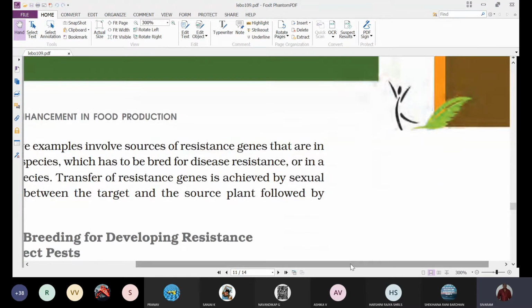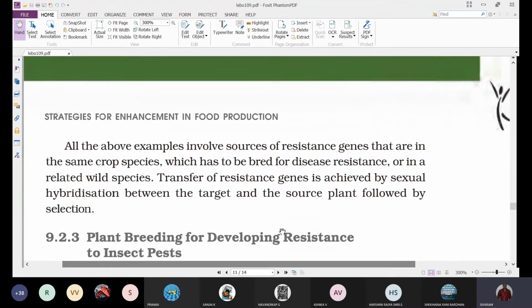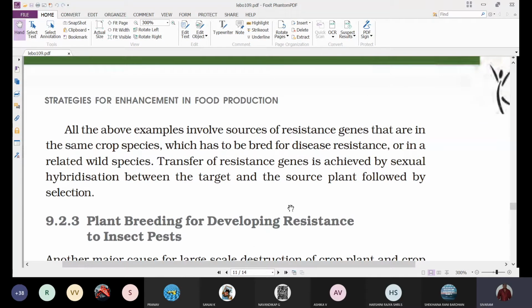Whatever we have discussed now, that is, mung bean, in which we developed resistance against yellow mosaic virus and powdery mildew, was developed by mutational breeding.